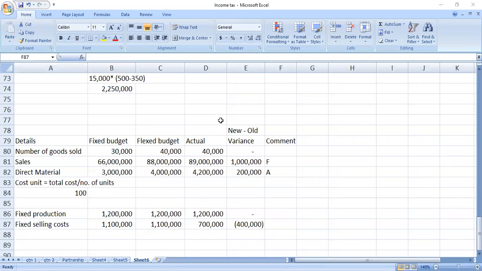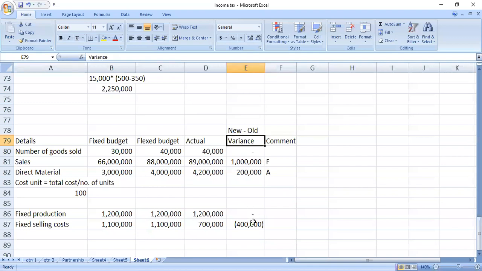Why are you putting the 400,000 in brackets? I'm not putting it in brackets. I'm just saying that actual minus flexed, you're getting a negative. Variance is new minus old. In this format, when you're flexing the budget, it's new minus old. Leave alone what we do for standard costing variance.